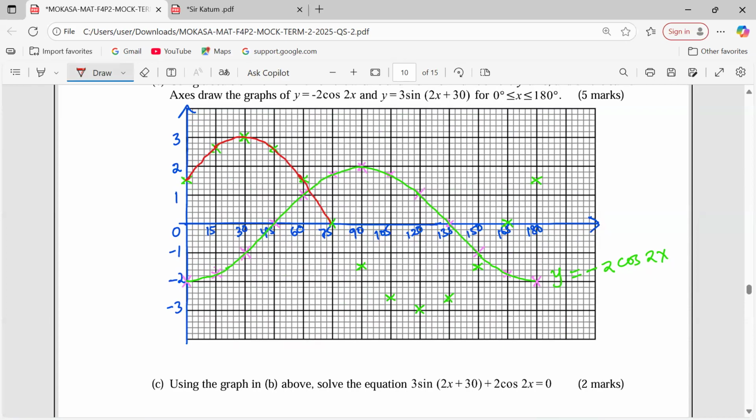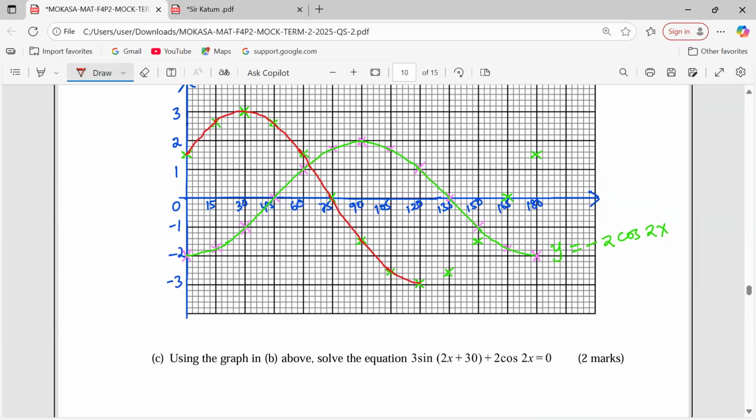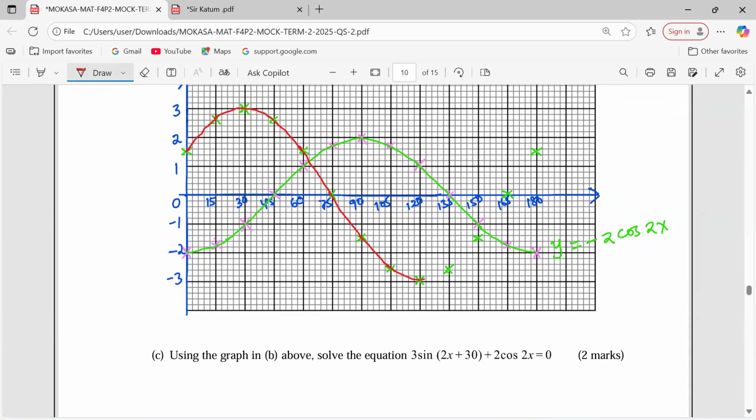Very smooth curve. This is what I expect in your work whenever you are plotting yours. This is the kind of curve that you are also supposed to come up with in your book. I'm just using my freehand, and that is what you should also come up with.